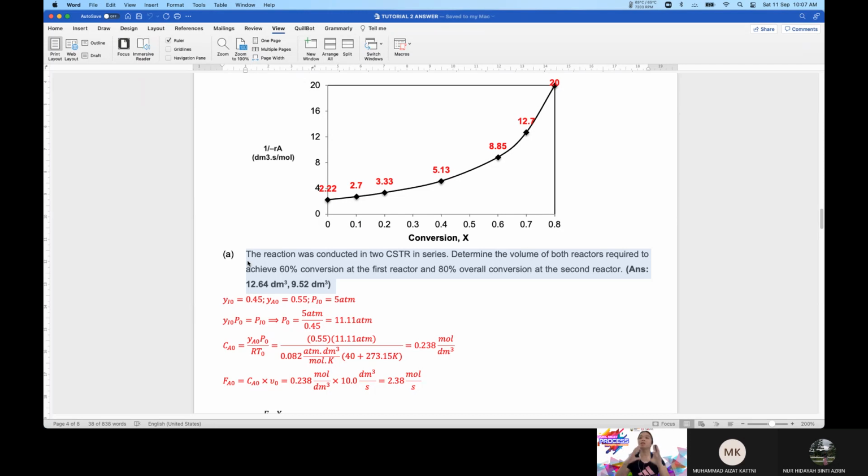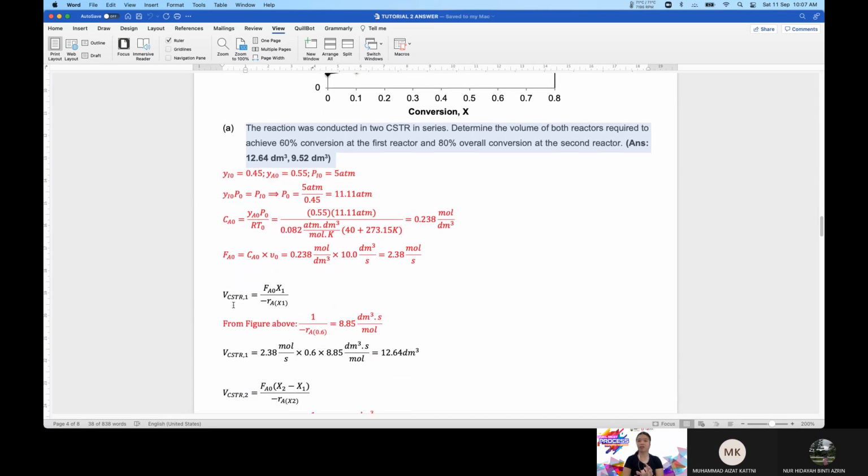Kita cari volume kedua-dua reaktor ni, di mana first reactor X1 0.6, reaktor kedua X2 adalah 0.8. Means reaktor kedua dia akan convert daripada 60% kepada 80%. So again kita akan start daripada design equation dia.